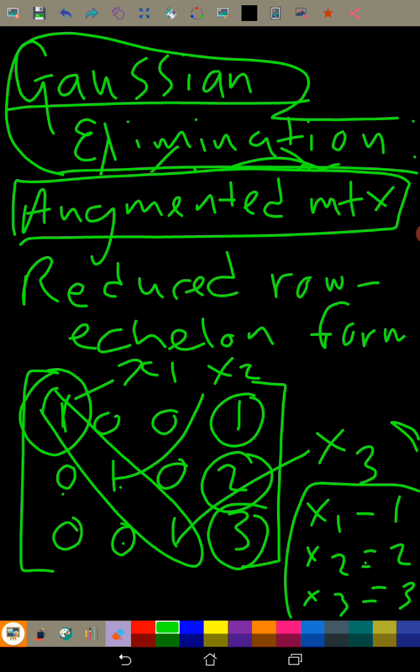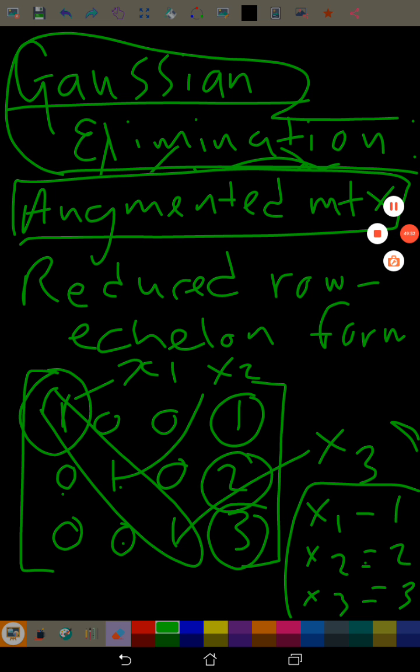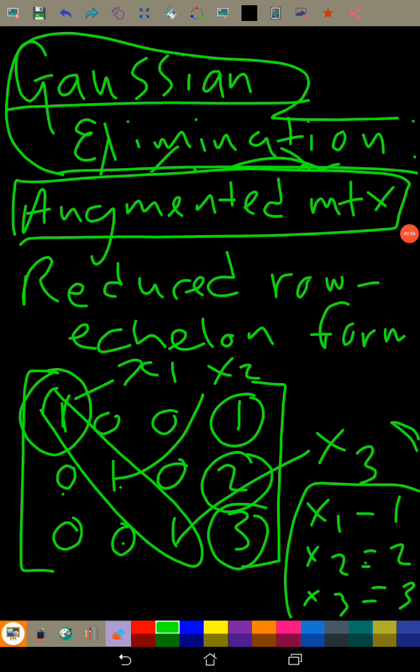I will pause and give you an example of Gaussian elimination, changing a matrix from an augmented matrix to a reduced row echelon form, in just a moment. But first I just want to tell you something.